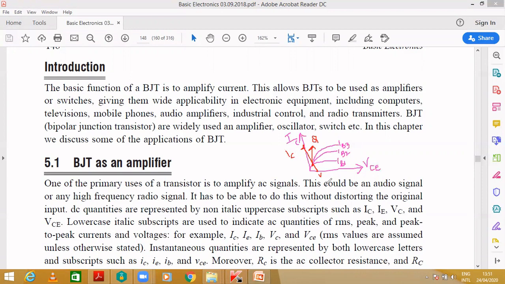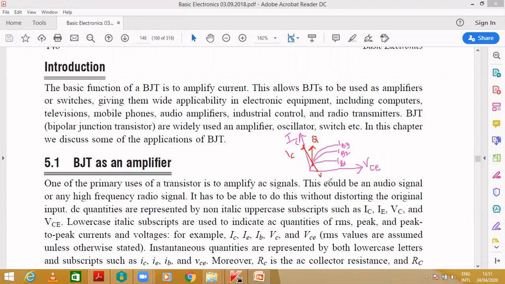So my question is, how can I make a BJT work as an amplifier? In order to use any transistor as an amplifier, it has to work in the active region.